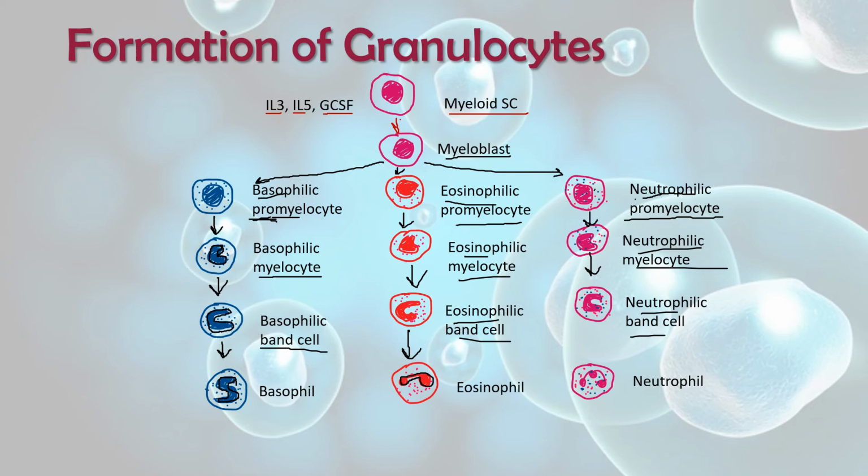And from the neutrophilic band cell, it's having pink color, as I just told you, and it's a multi-lobed nucleus. So this is the formation of granulocytes. It also comes under the process of leukopoiesis.